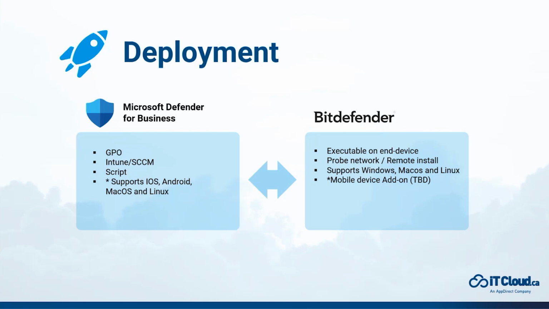We're used to working like this for the past 40 years. Super simple. Plus, I can also scan the network and just find other computers that aren't protected and push install down to those computers. So again, another very easy way. So Bitdefender in that sense is more traditional. It's more classical, streamlines the operation. You know exactly how to deploy it.